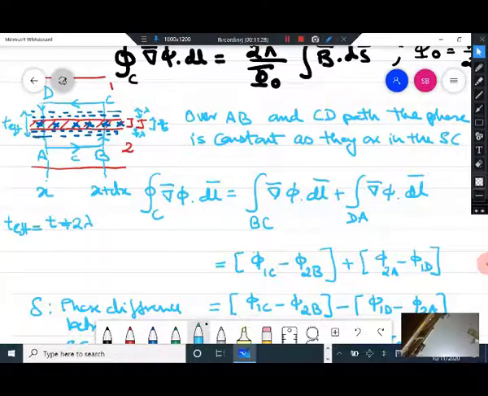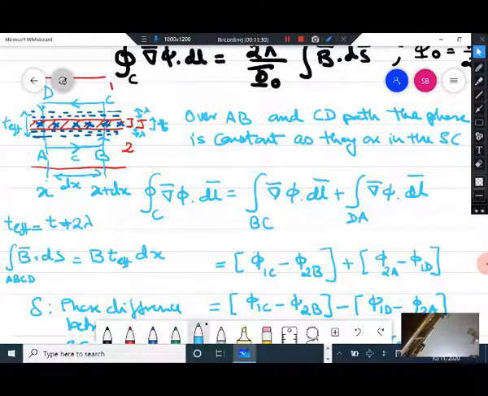That is the T effective, because the magnetic flux is actually distributed over T effective, and this length is dx. So the integral of B dot ds over this area enclosed by ABCD is nothing else but B times T effective times dx.